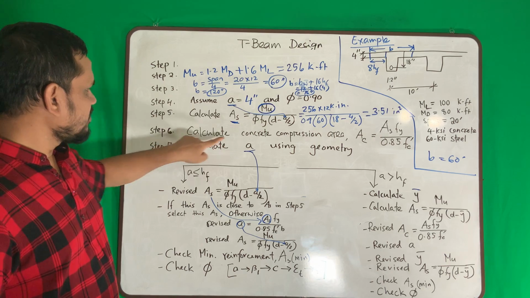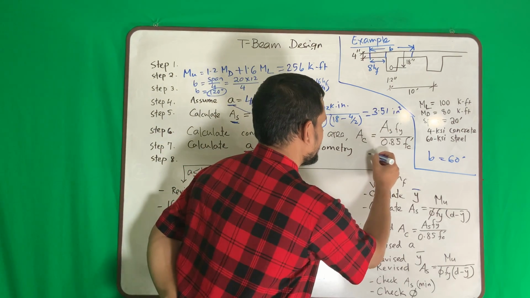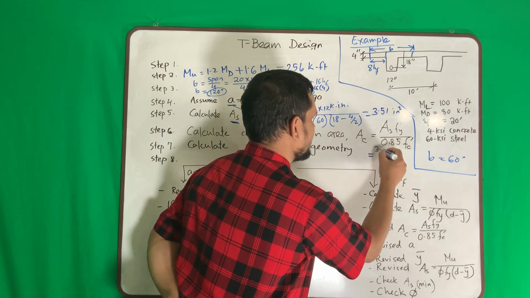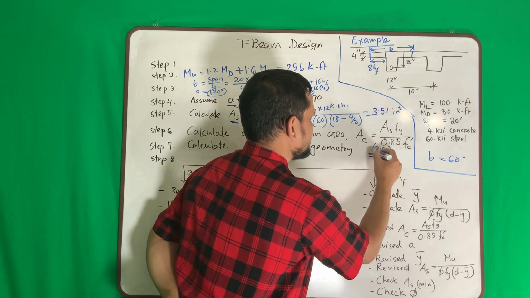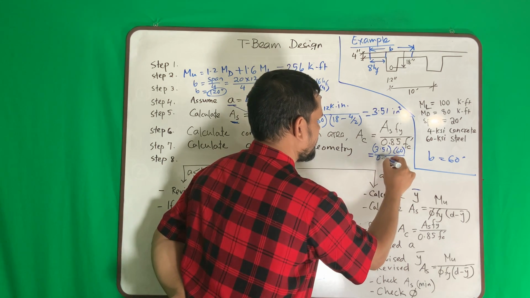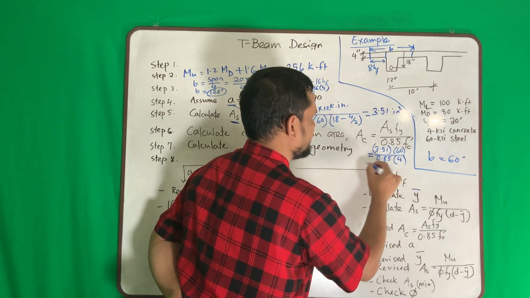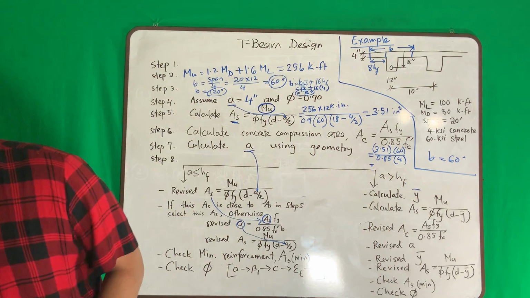Now we will calculate the concrete compression area using this equation. What is As? 3.51. What is yield stress? 60. And what is f'c? 4. What is the concrete area?